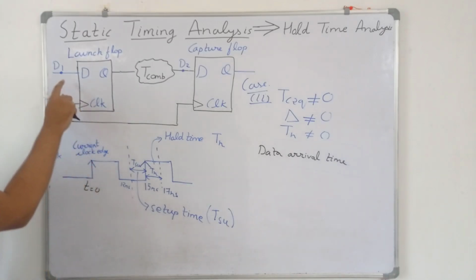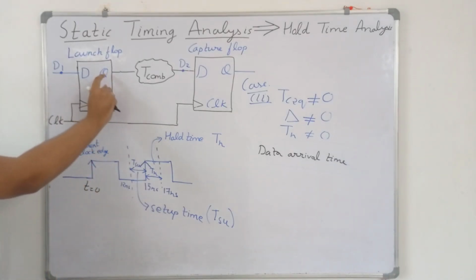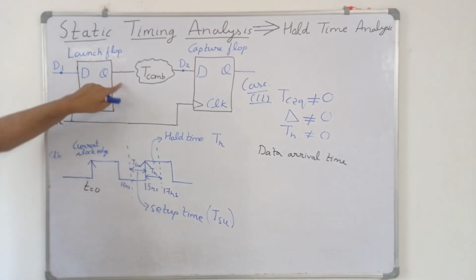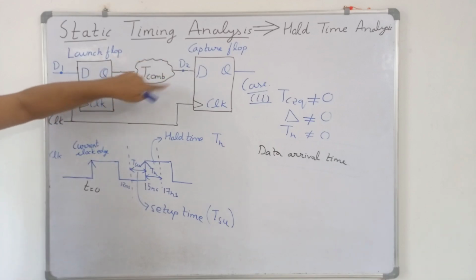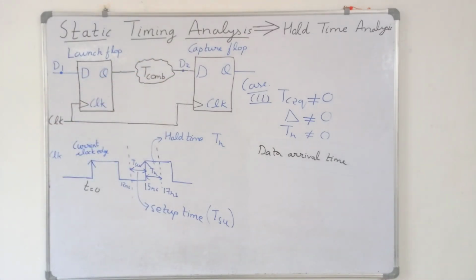So when the clock edge arrives at t equal to 0, then it will take tc2q time to appear at the output. Then it will take the t combinational time to appear at this d2 input. And we have considered that the clock skew is not equal to 0.